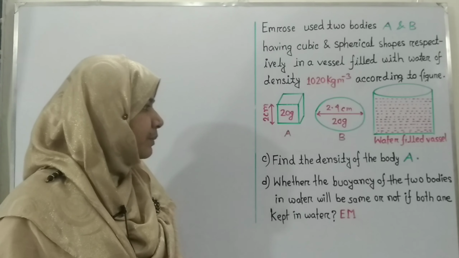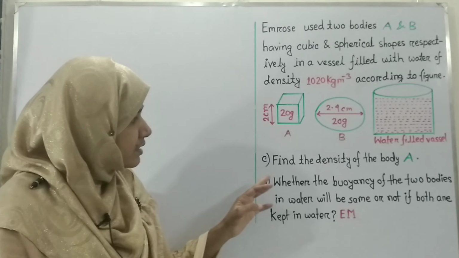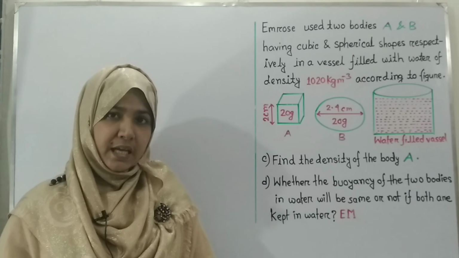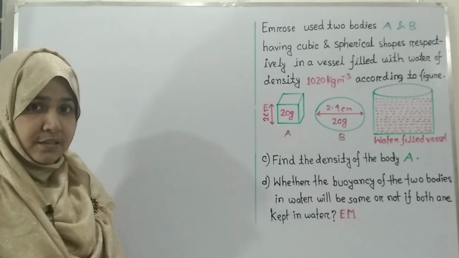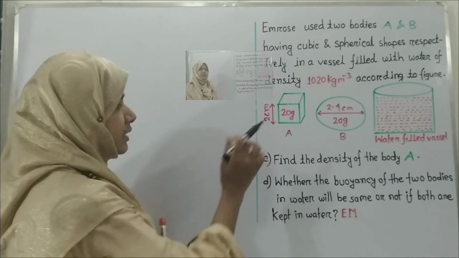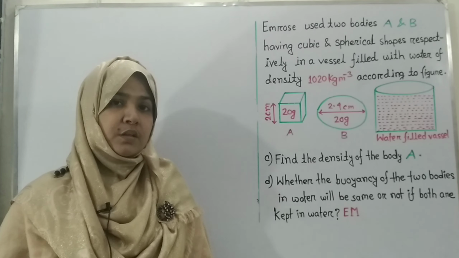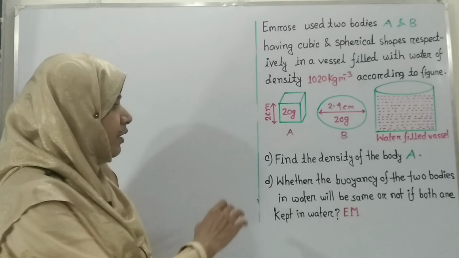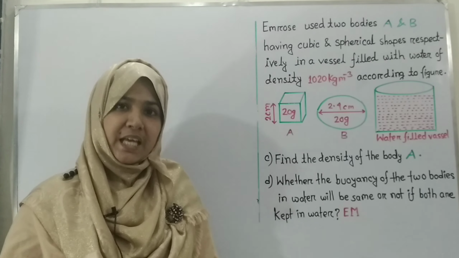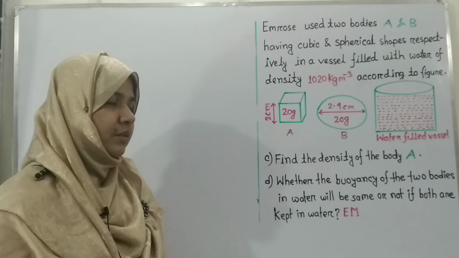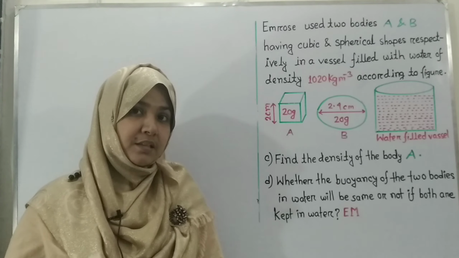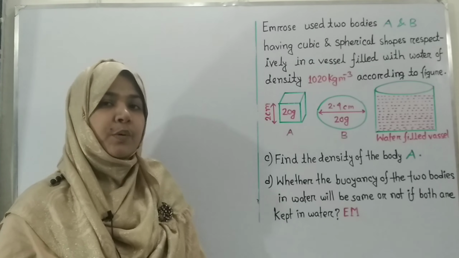Now our question number C is: find the density of the body A. That means we have to calculate the density of this cubic shaped body.